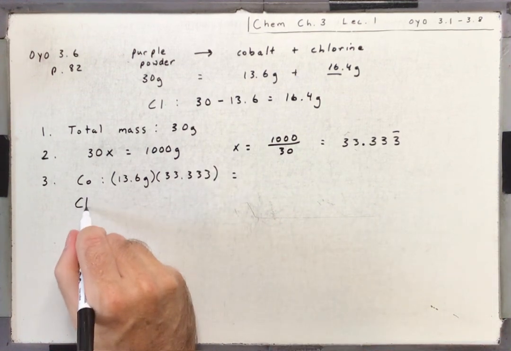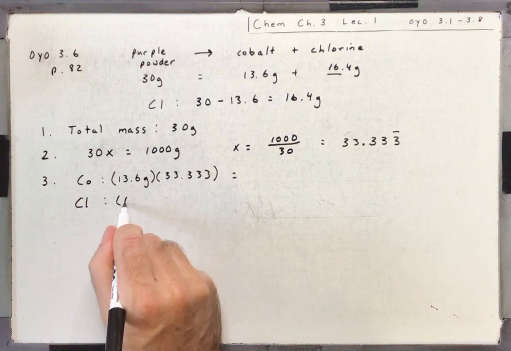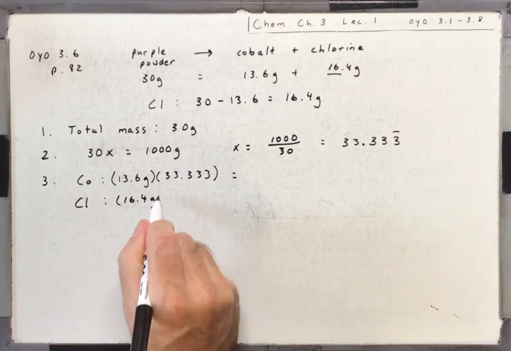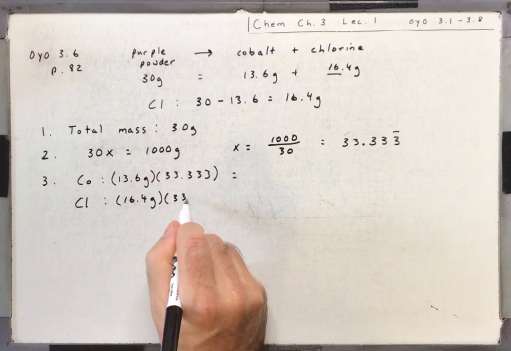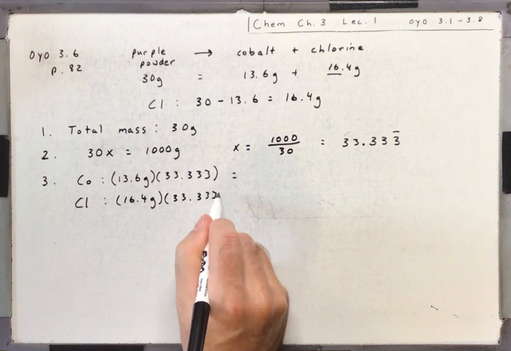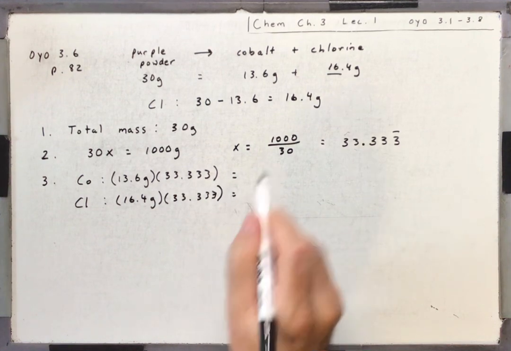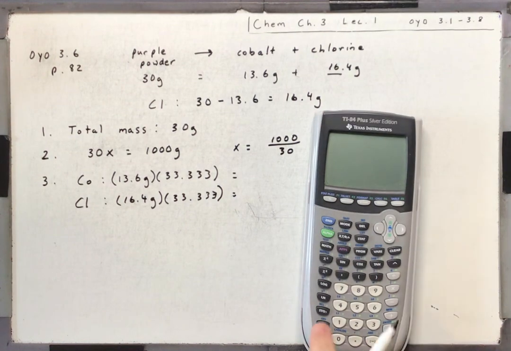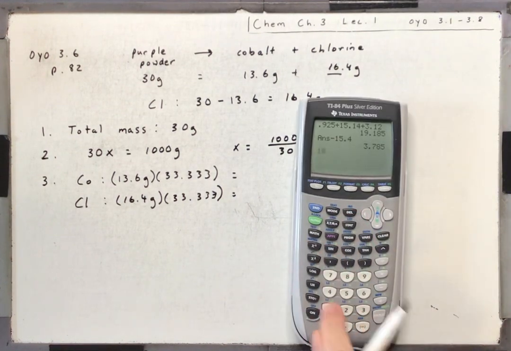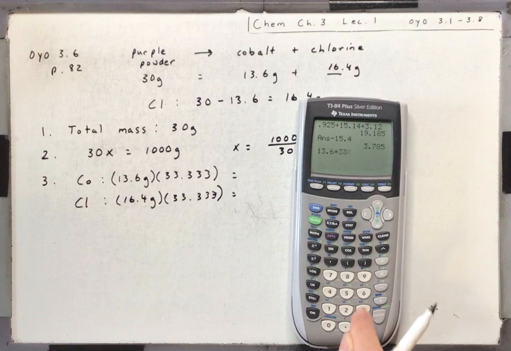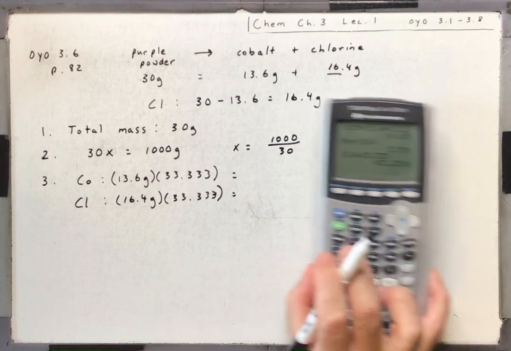And then we're going to do the same thing for chlorine. That's 16.4 grams. We're going to multiply it by 33.333. All right, 13.6 times 33.333 is 453.33.